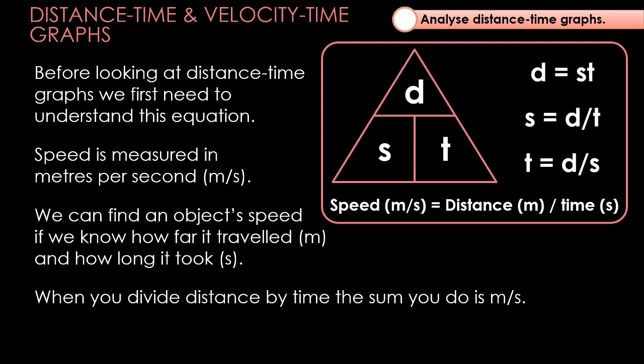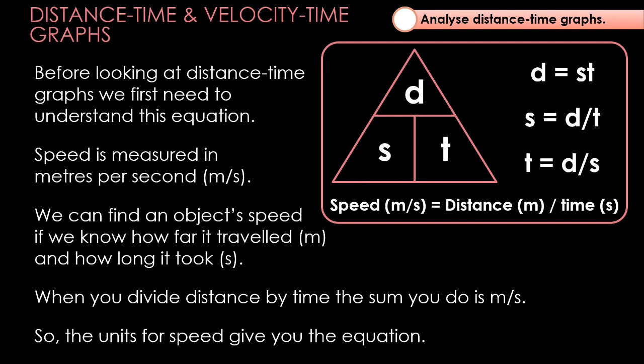And when you divide that distance by the time, the calculation that you perform is those meters divided by seconds, so m divided by s. Now this is actually the units for speed. The units for speed are meters per second, or m divided by s. So the units actually give us what the equation is. If we want to find the speed, it's meters divided by seconds, m divided by s.